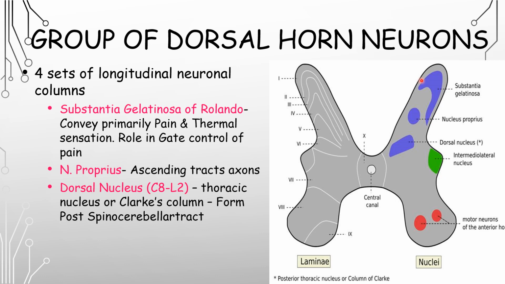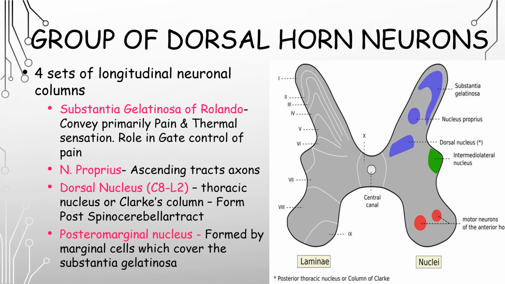They receive proprioceptive, touch and pressure sensation from the trunk and the lower limbs. You can see the dorsal nucleus here, and axons of these cells form the ipsilateral posterior spinocerebellar tract, so same side.